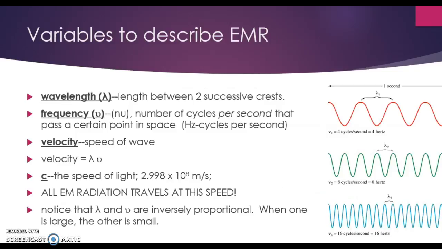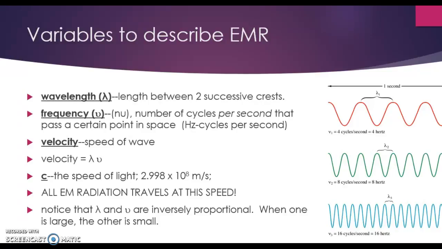Because they are waves, electromagnetic radiation is described by wavelength, symbolized by the Greek letter lambda, which is the distance between two crests of the wave; frequency, symbolized in chemistry by the Greek letter nu, which is the number of cycles per second that pass a certain point in space; and velocity of the wave, which has a specific symbol, the letter c. It's called the speed of light, but really it's the speed of all electromagnetic radiation. On your formula chart, it's listed as 2.998 times 10 to the 8th meters per second.